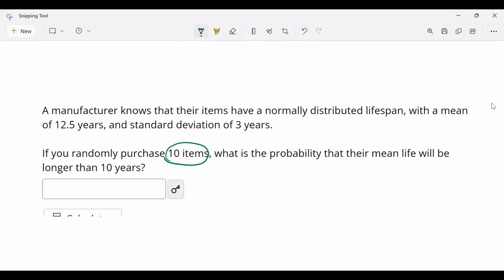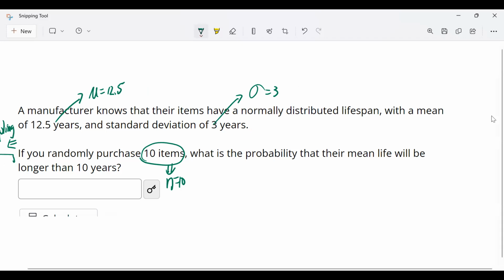So first of all, the manufacturer has a normally distributed lifespan. The population mean is 12.5. Population standard deviation sigma is 3. And we have a sample of 10 items, sample size. And when this happens, when you have a sampling distribution, you pick a sample. So we have a sampling distribution involved here. Now we're going to use the central limit theorem.